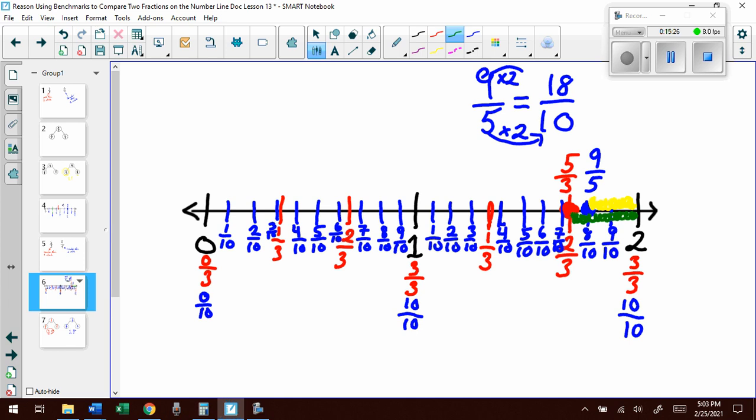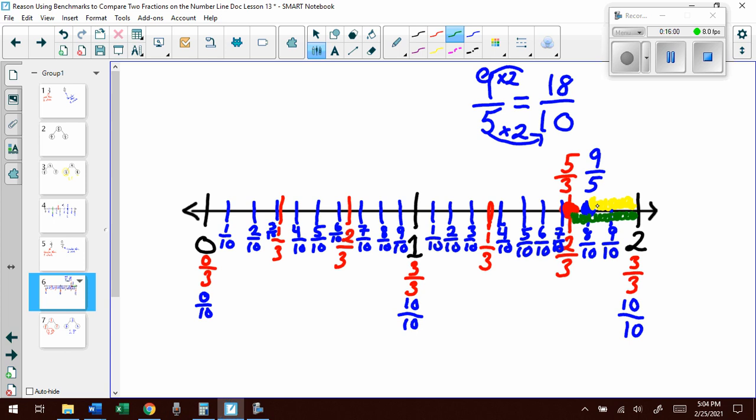We found the closest even number multiple of 5, which was 10. 5, 10. So we multiplied both the numerator and the denominator by 2. Found out that 18/10 was equivalent to 9/5. So we just partitioned our number line into tenths because it was easier. We counted out and found that 18/10 is right here, which is 9/5.